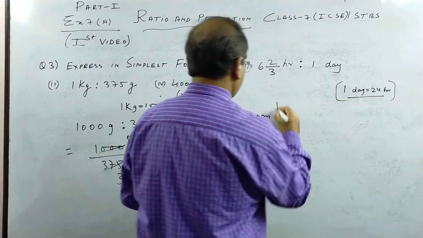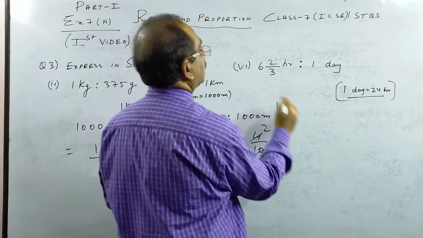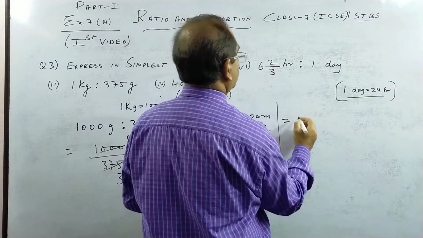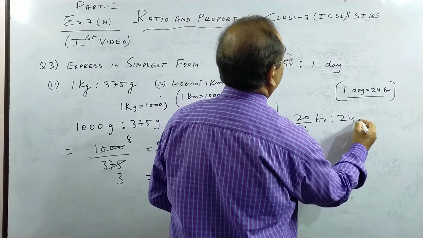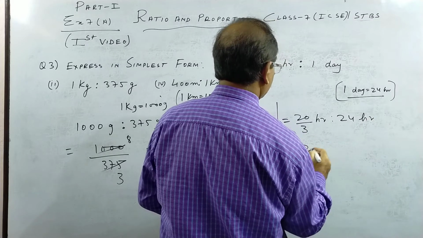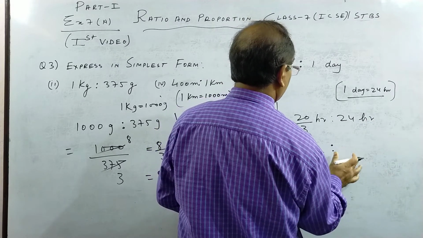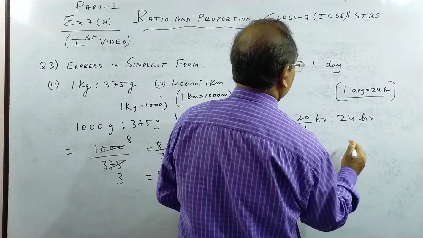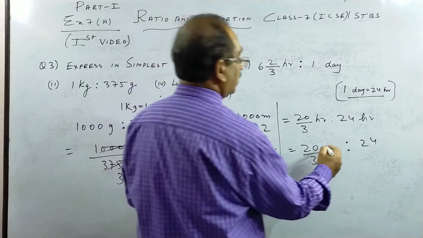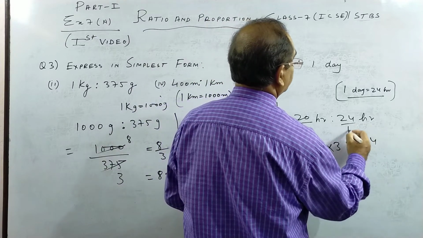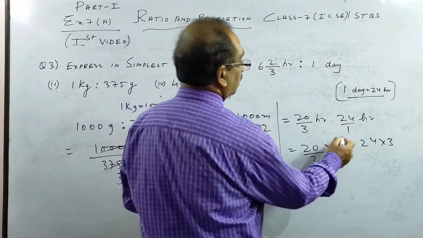Okay, so this question becomes 6 threes are 18 plus 2, 20 by 3 hour is to 24 hour. Once the units are same, okay, so what I do here, this is 24, I multiply this by 3 so that I get rid of the denominator.